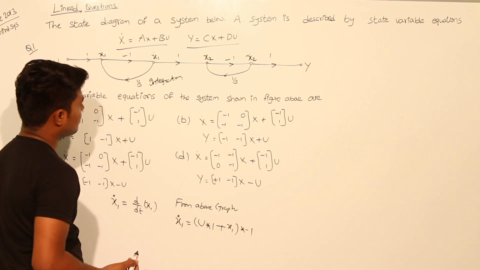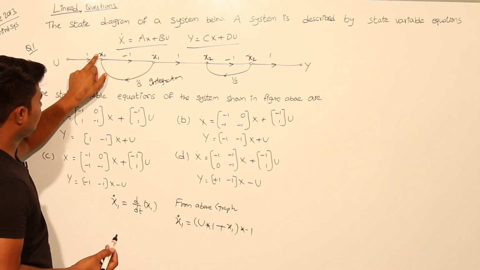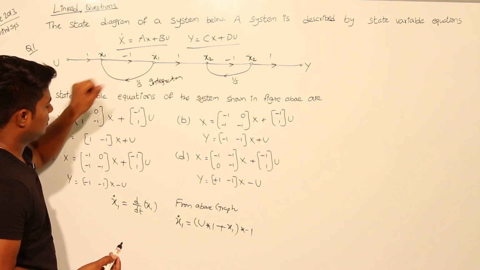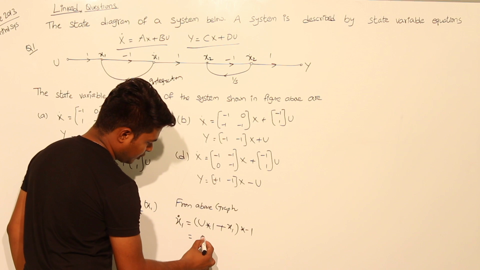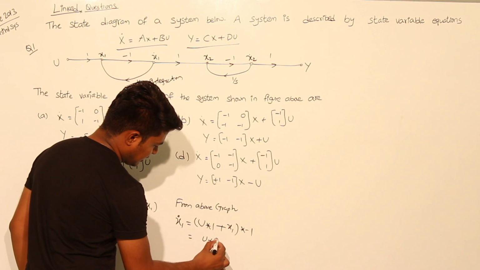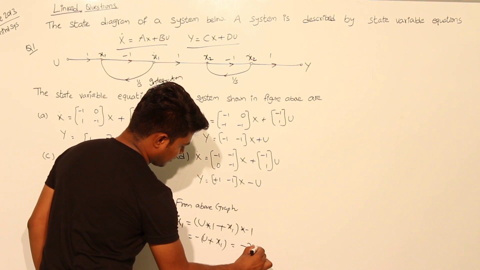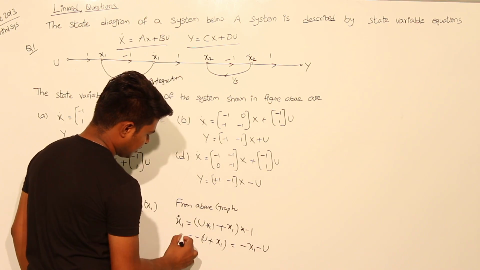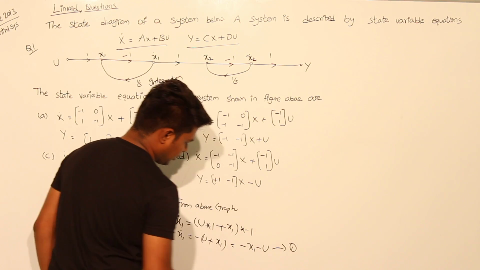So x1 dot is equal to u multiplied by 1 added with x1, whole multiplied with minus 1. This gives minus x1 minus u. This will be x1 dot, and this can be equation 1.